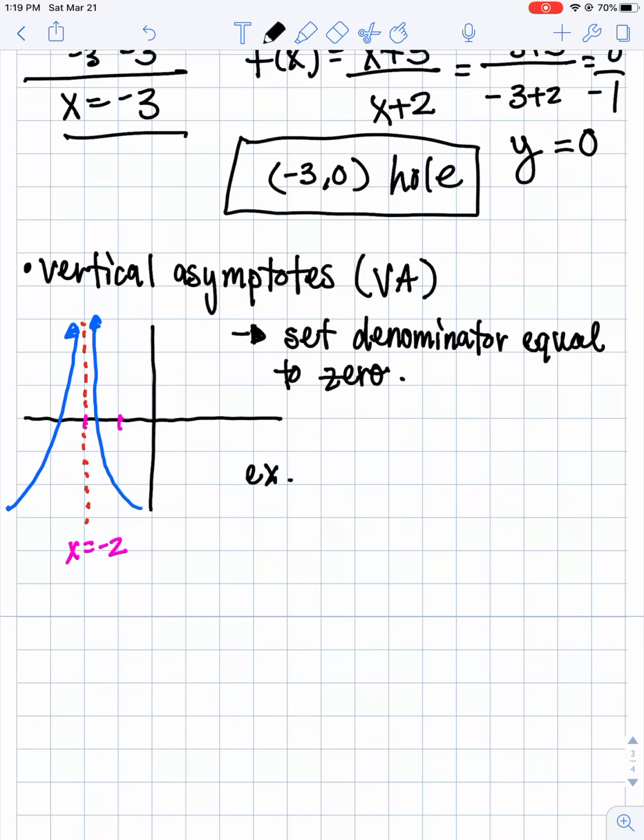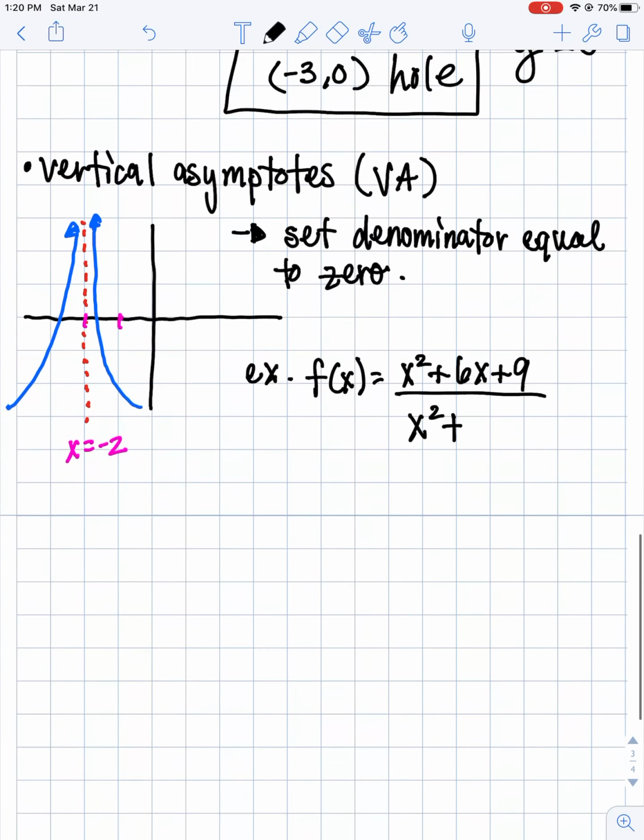So if I go back to the problem that I just gave you, f of x equals x squared plus 6x plus 9 over x squared plus 5x plus 6. What do you need to do?